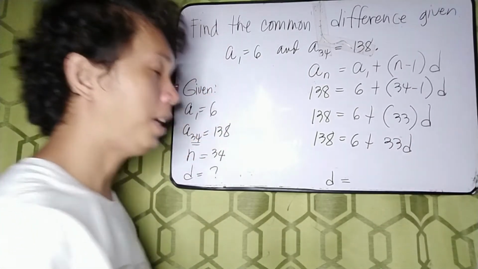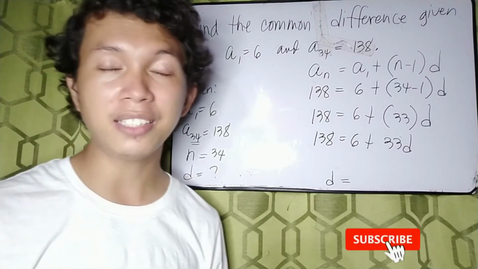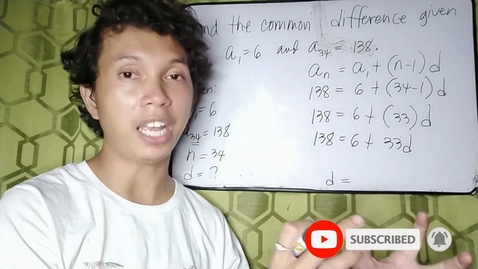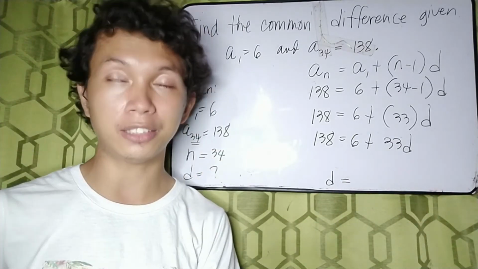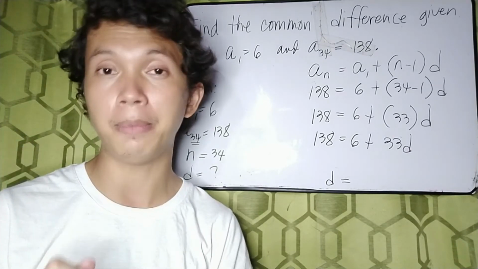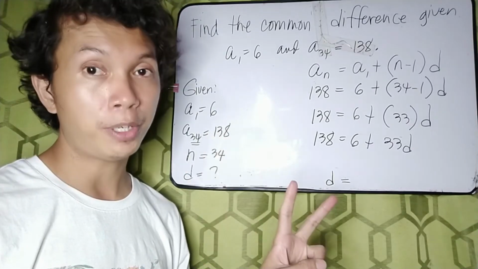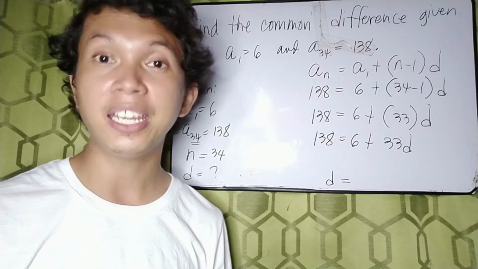33d. Okay? Now let's combine like terms, which means all the numbers without letters or variables will be grouped together, and all the numbers having variables or letters attached to them should go together. So in this case, we have two numbers having no variable, and that is 138 and 6.